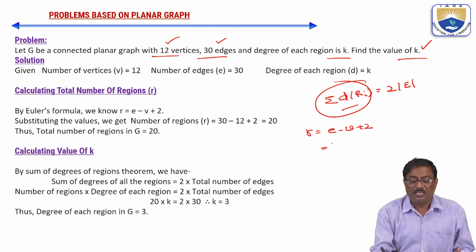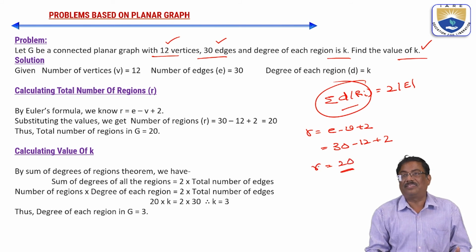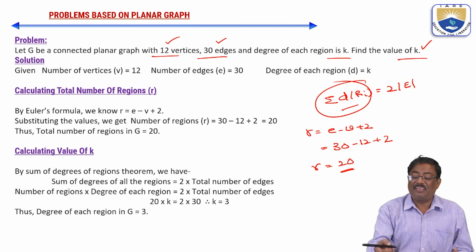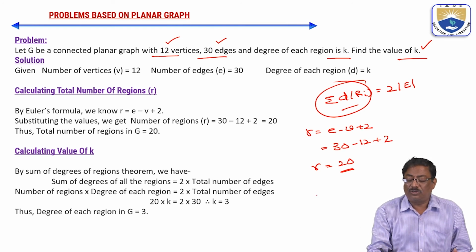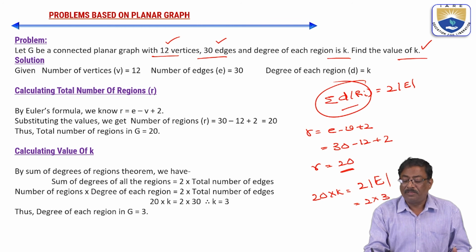Substituting E equals 30, minus 12, plus 2, it is 32 minus 12, which is 20. So there are 20 regions, and each region has degree k. The sum of the degrees of the regions is 20 times k, which by the handshaking property equals 2 into the number of edges. With 30 edges, it is 20k equals 60.